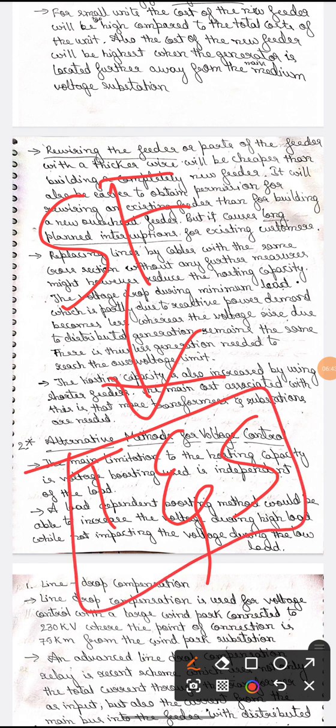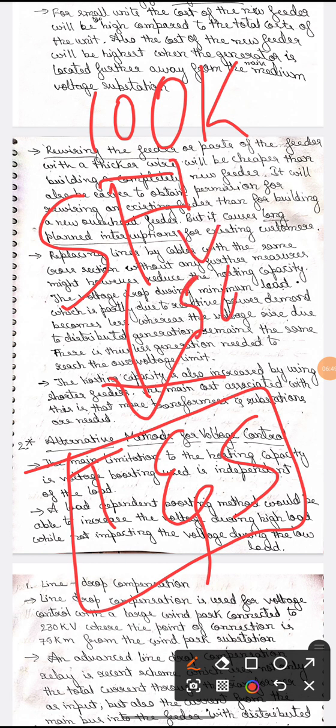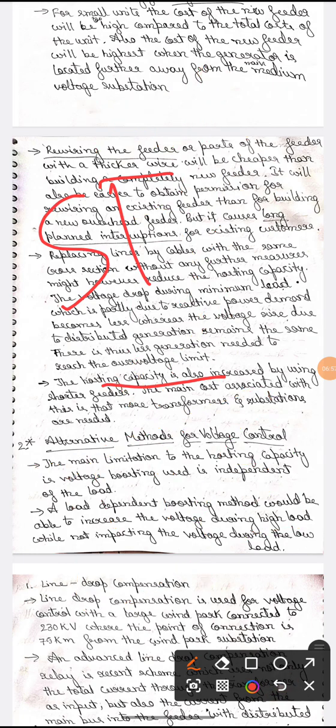Okay, for example, if there is 100 kilometers and we go for 50 kilometers, then we require two times as many. So like that we need more transformers and substations if we use a shorter feeder, but we can increase the hosting capacity. This is the first method to increase the hosting capacity.